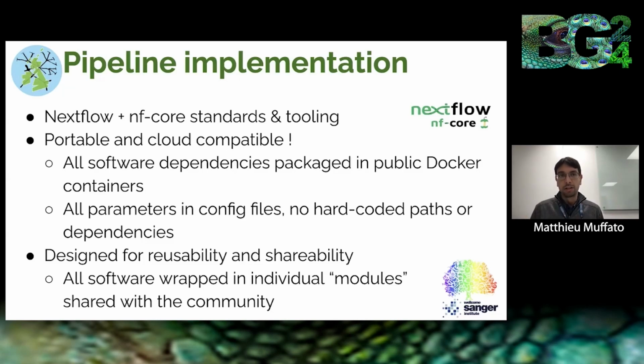And we can see already on GitHub external users using our pipelines and helping us improve them. All those pipelines are designed with reusability and shareability in mind. So for instance, following the nf-core best practice, all different software that we use in those pipelines are wrapped in individual modules that are shared back with the community.